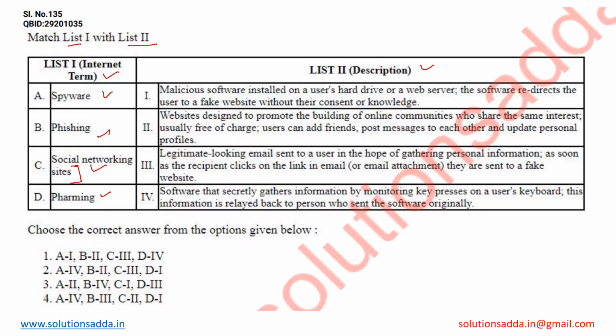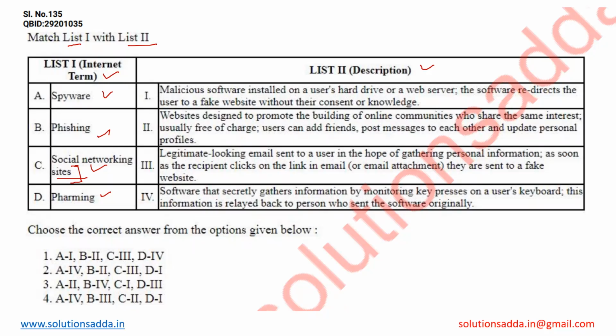In this type of question, always try to match the term which you are very much familiar with, in which you are 100% confident. So in this particular question, social networking site is a very easy term. So let's read the description.